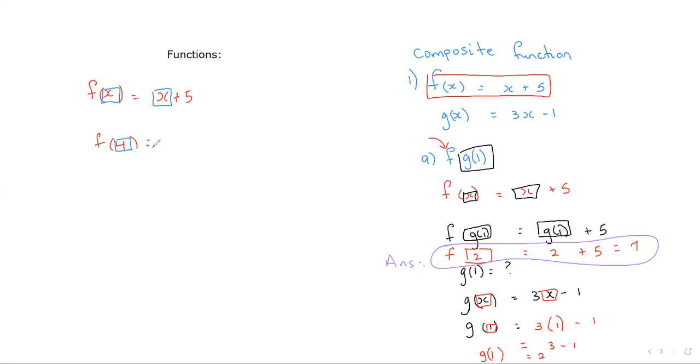So everywhere I have x, I'll replace it with what's in the box. It's like you're just substituting. So they asked me for f of 4. Everywhere I have x, I'll replace it with 4, and then I solve like normal. 4 plus 5, that will be 9.